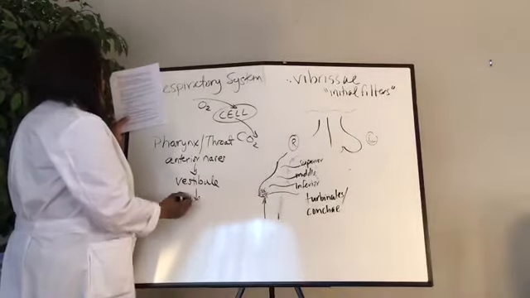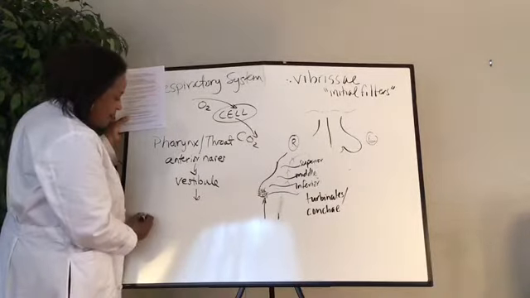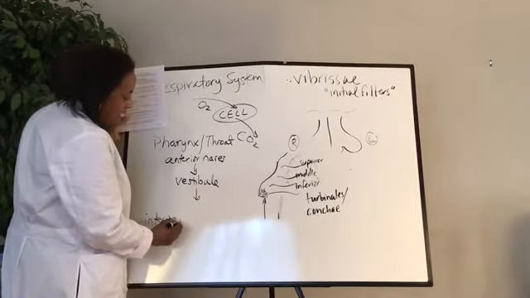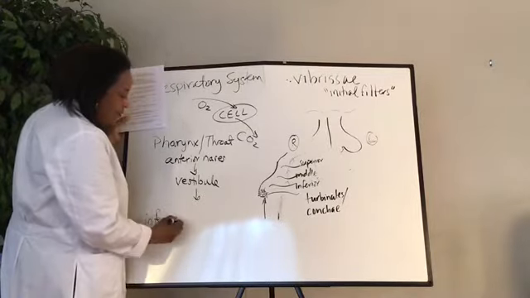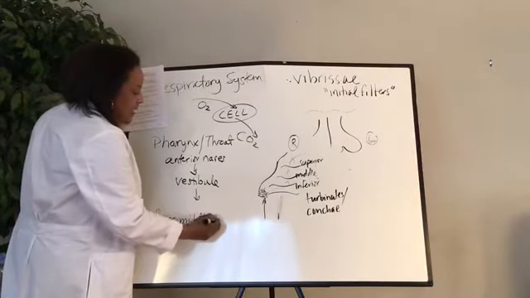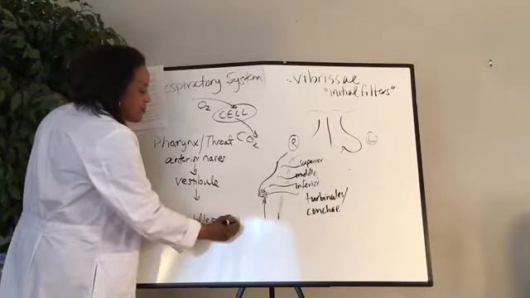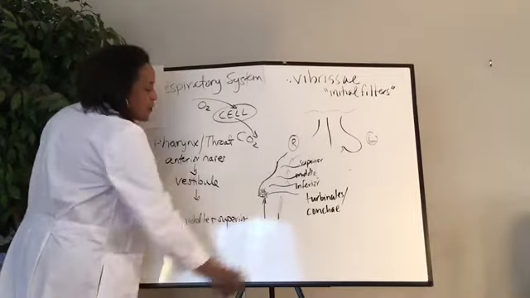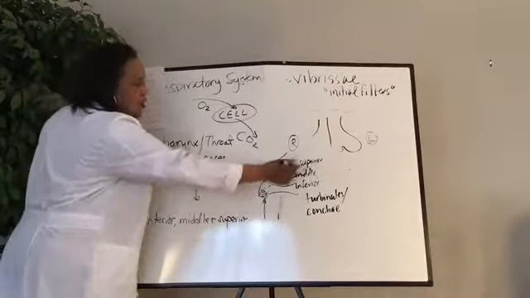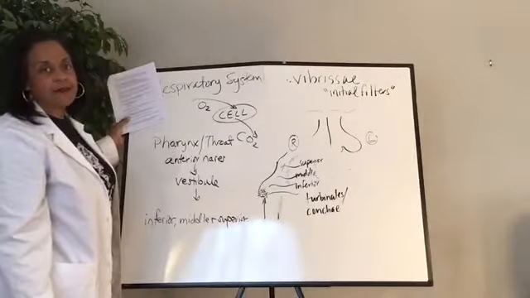From the vestibule, the air is going to pass simultaneously over the inferior, middle, and superior nasal conchas or turbinates. The air is going to go over these so quickly that we say it's simultaneous.